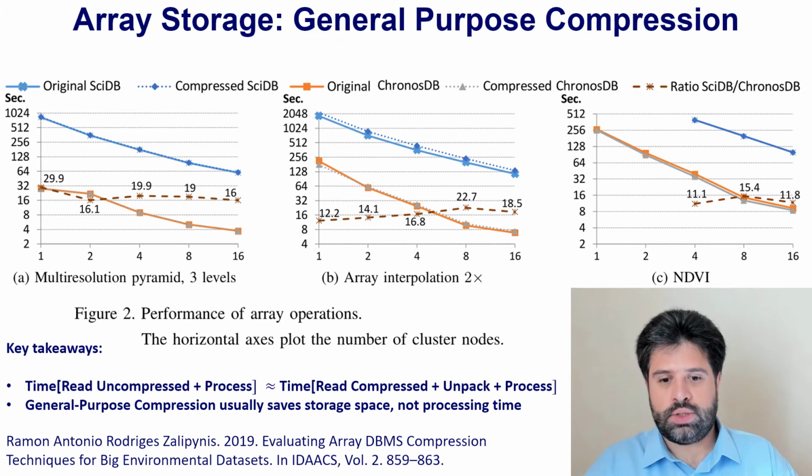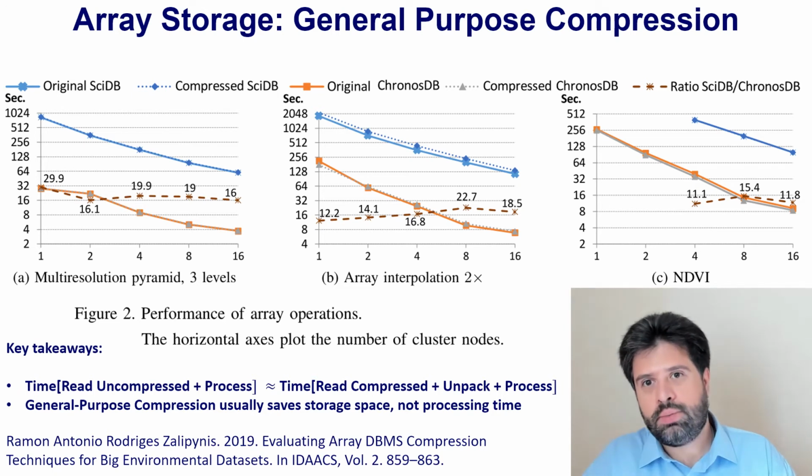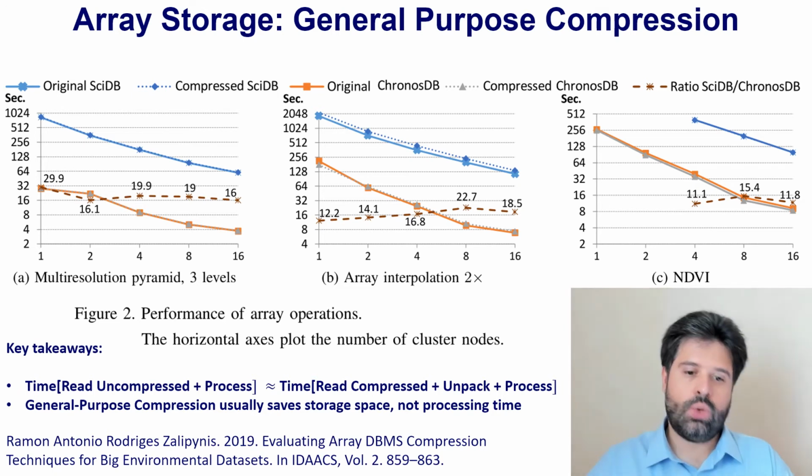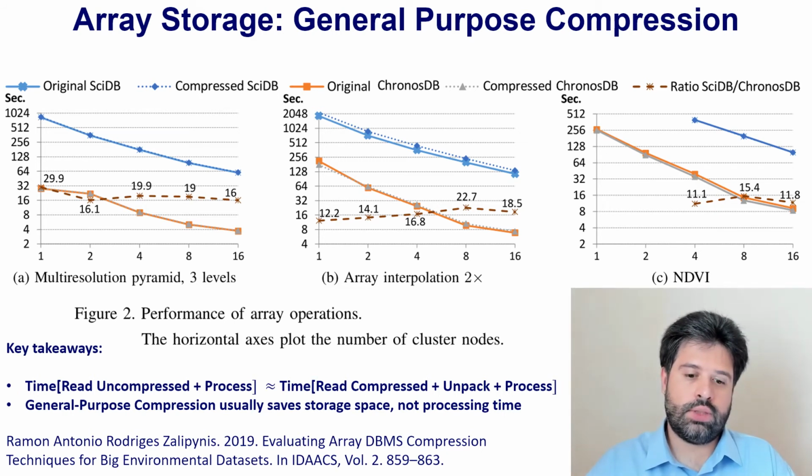Moreover, ArrayDBMS performance on original and compressed data is almost the same, be it TileDB or ChronosDB. So we save space and read less from storage, but we need additional CPU time to decompress the data. Hence, researchers developed compression techniques specifically for scientific data.